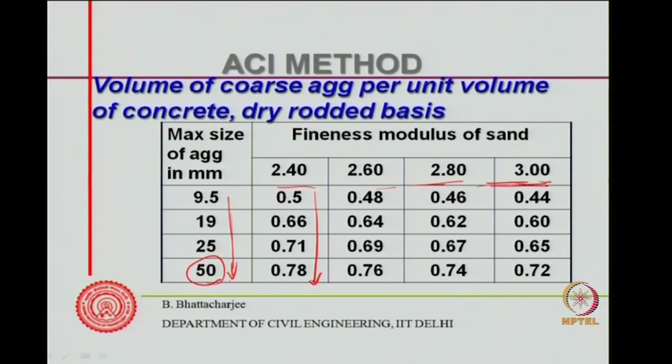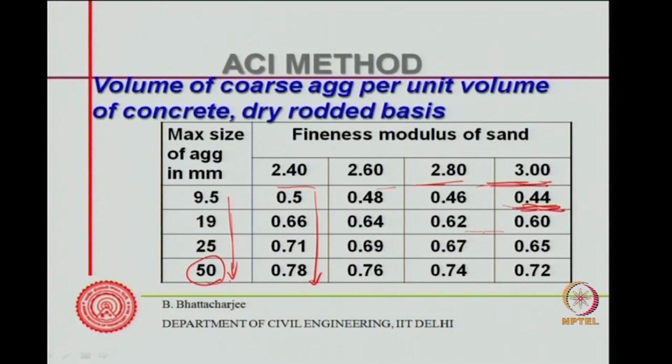So, overall packing is better, and coarse aggregate volume reduces as I go along this direction. In fact, the overall proportion of the sand increases, because the coarse aggregate proportion is reducing; the sand itself has better packing and larger sizes are also there.